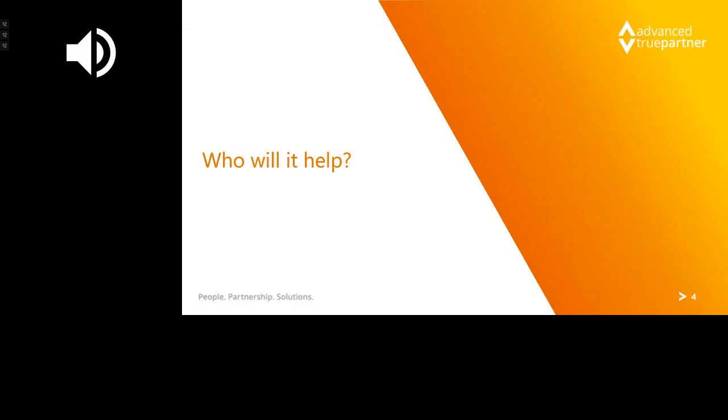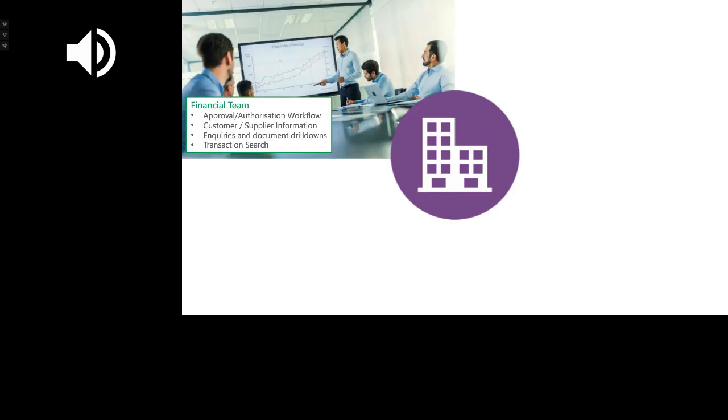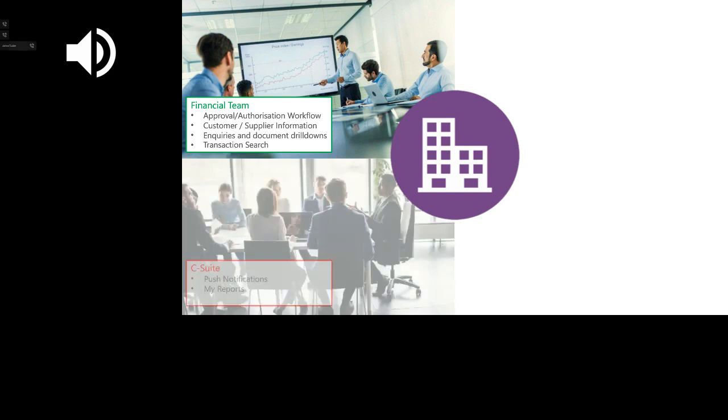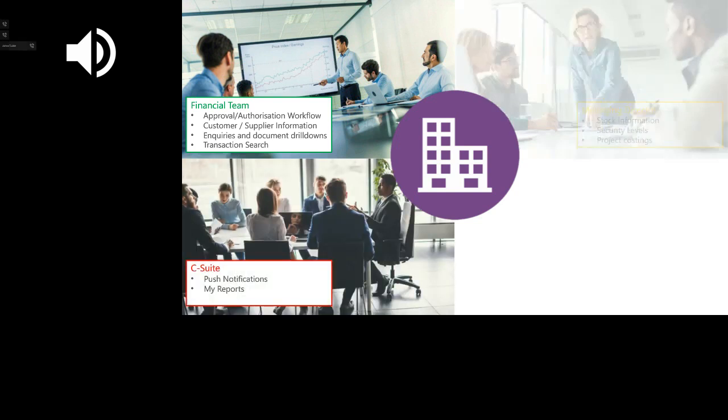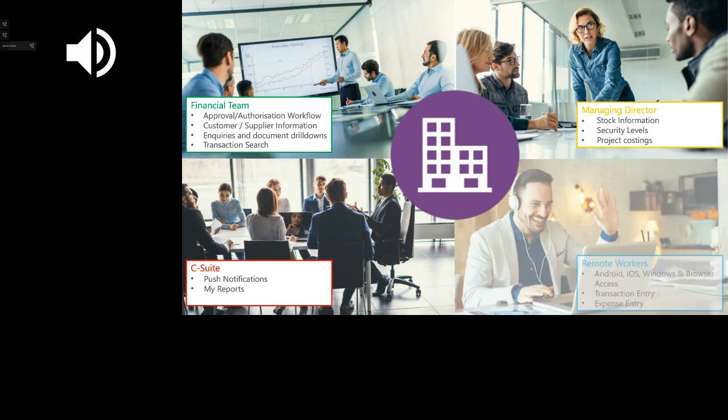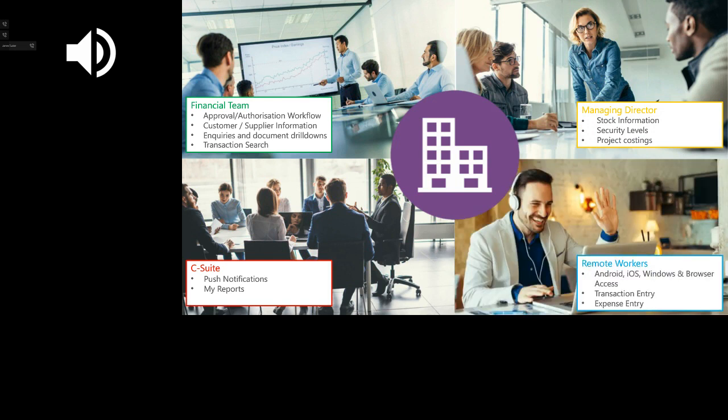So who's this going to help? We've identified 4 key teams within a business that Exchequer Mobile will help to improve their business transactions on a daily basis and improve the workflows that you guys have.